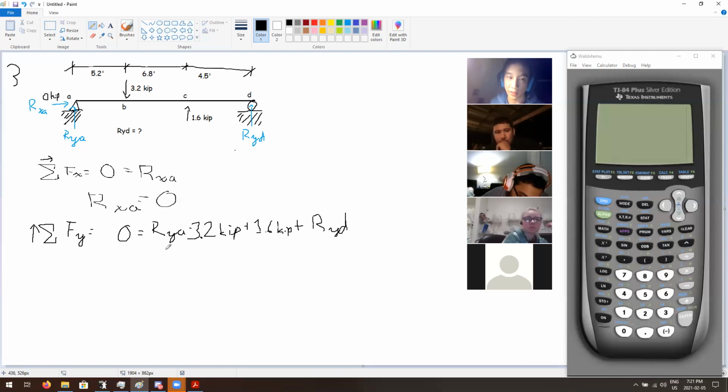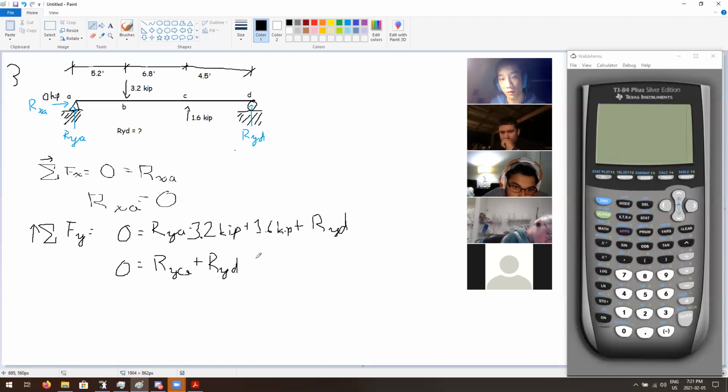So let's simplify. 0 equals R sub y A plus R sub y D. I'm going to put all the unknowns on one side, then minus 3.2 kips plus 1.6.